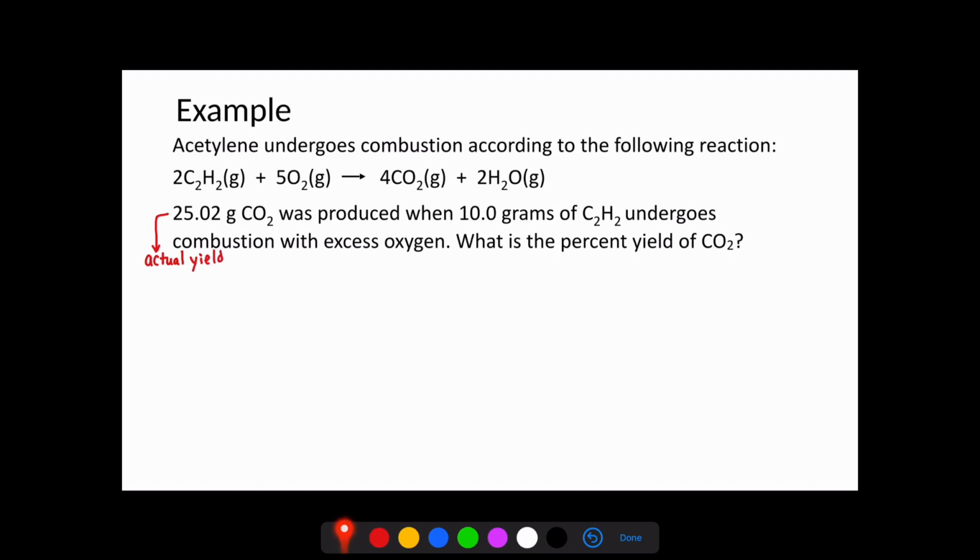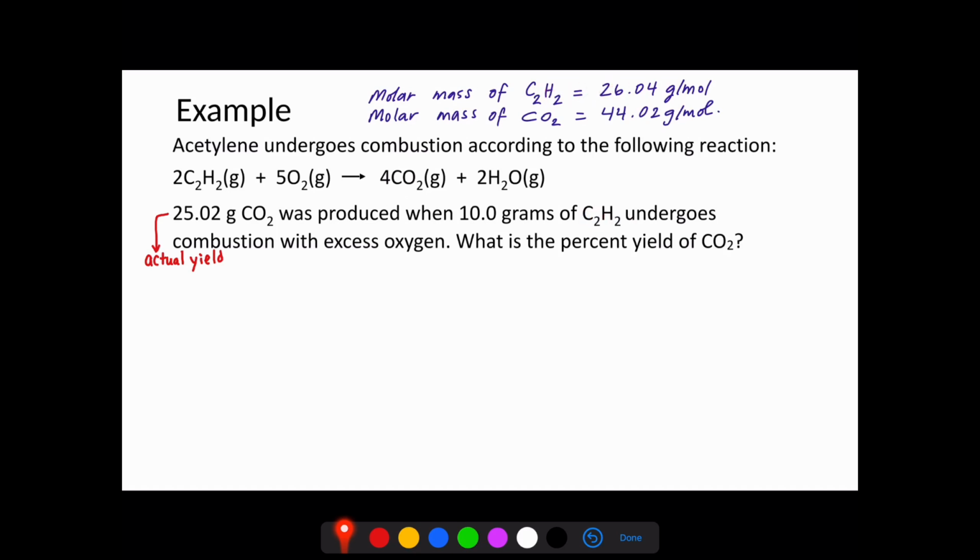Now they're asking you what is the percent yield. So to calculate the percent yield, you need theoretical yield as well. So you can predict the theoretical yield from a calculation starting with 10 grams of C2H2. You can predict if you have this much, how much CO2 should have been made. Okay. So here's the molar masses of C2H2.